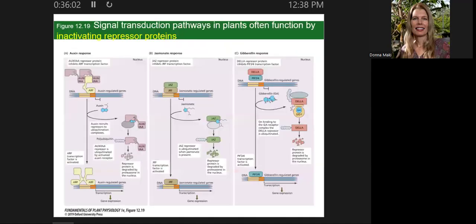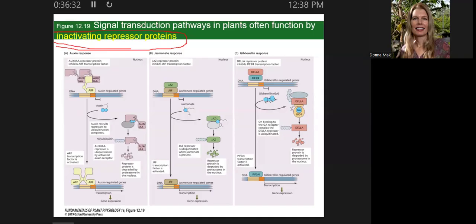Now, these next slides, again, look really busy. And again, I'm not going into huge detail. There are a couple of big picture ideas off of this that I want you to get. I put one in yellow up here. Signal transduction pathways in plants often function by inactivating repressor proteins. I would like you to know that. So what does that really mean?